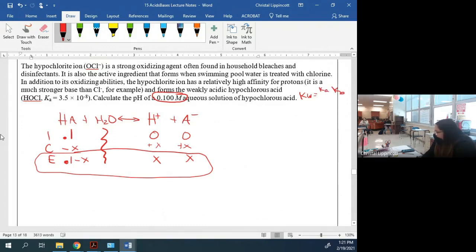So if you know one of these, this is always a constant, 1 times 10 to the negative 14. So if you know Kb, you can get Ka. That's at 25 degrees Celsius, but all your problems are going to be, so don't worry about it. But nevertheless, we had a Ka. That's what we need for this, so we're good. So I have Ka here.